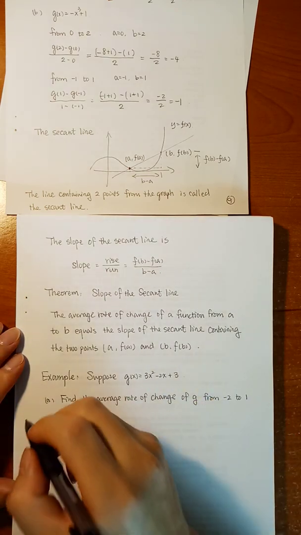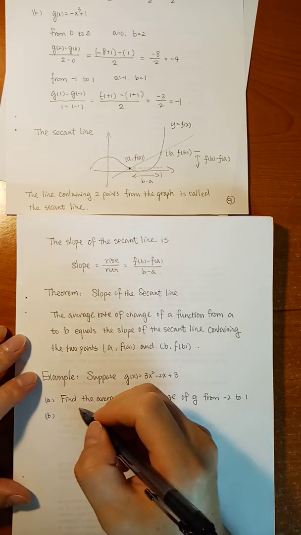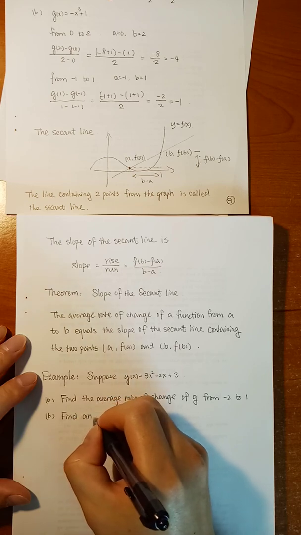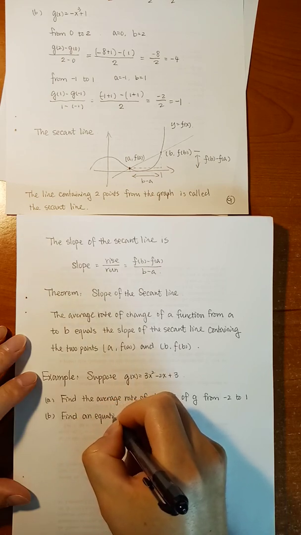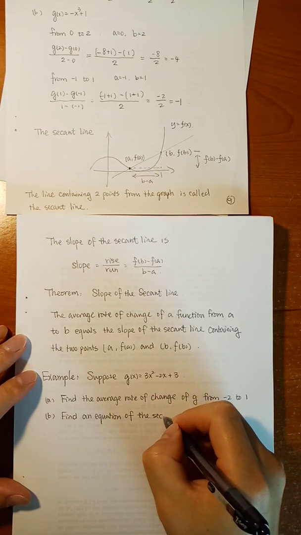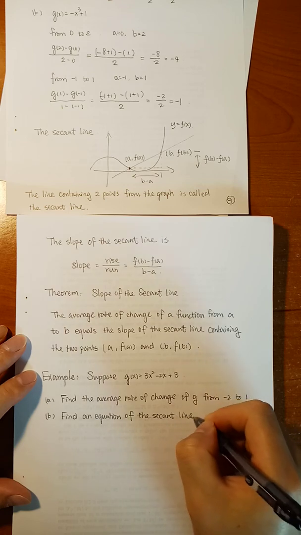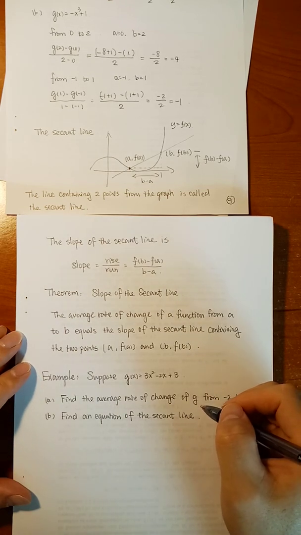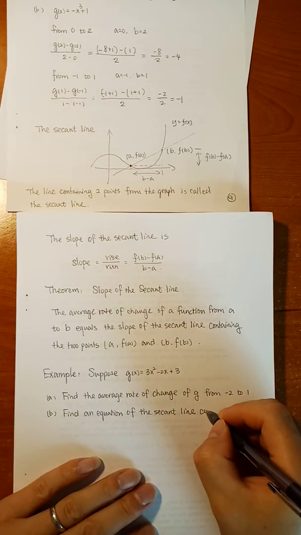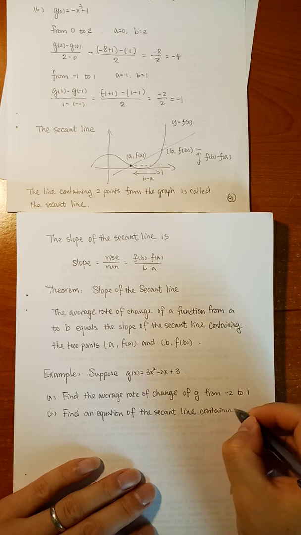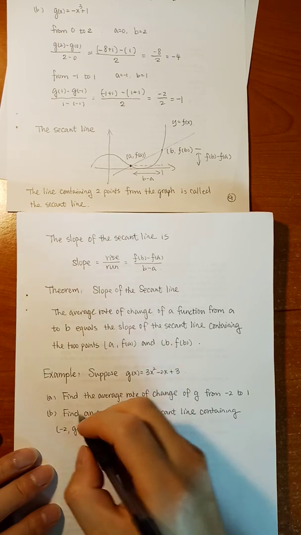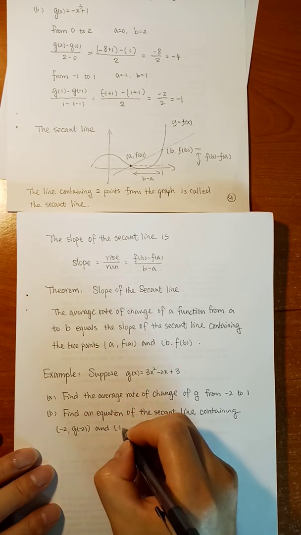And second, find an equation of the secant line containing (-2, g(-2)) and (1, g(1)).